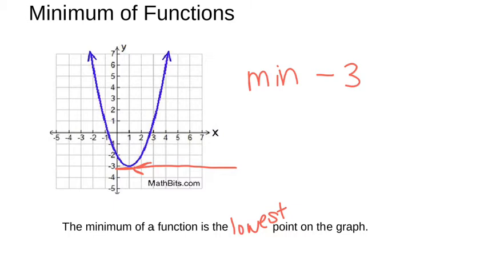Since minimums and maximums are talking about the height of the graph, the highest and lowest points, you look at the y values because y goes up and down. For increase and decrease, we're reading the graph from left to right, so we're using x values.